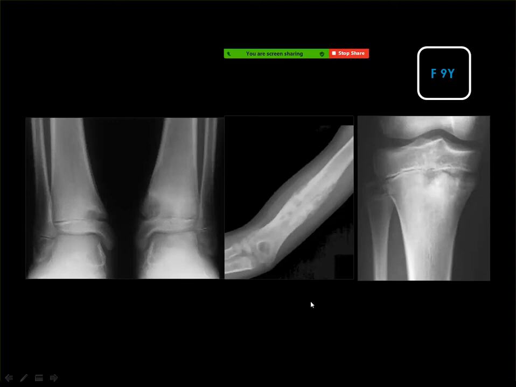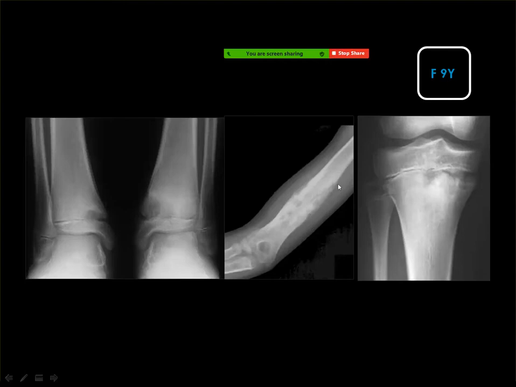Okay, which type of neoplasm in this age group? Maybe lymphoma. But even sarcoma is not multiple. This does not look like Ewing sarcoma, of course, and you have some erosive changes in the humerus.